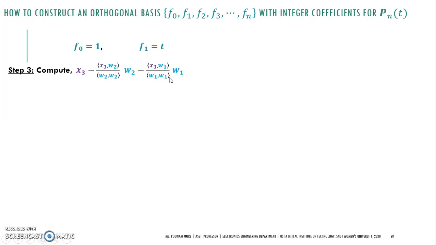As per the Gram-Schmidt process, this is the term that we have to calculate in step 3.